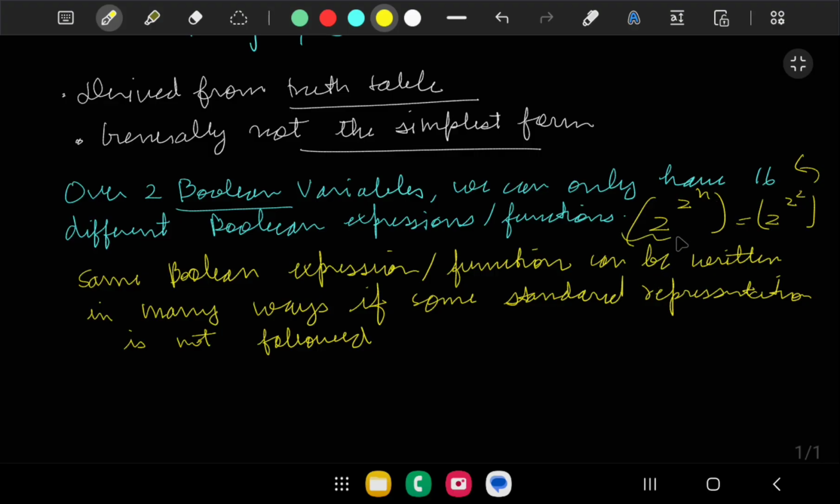For n, these many, because 2 power n rows will be there, and for every row, the function can be 0 or 1, right? So if you have same Boolean expression that you can write in many different ways, and if you don't follow some standard representation, so that is the idea. So if you have two variables, then there can be 16 functions, right?